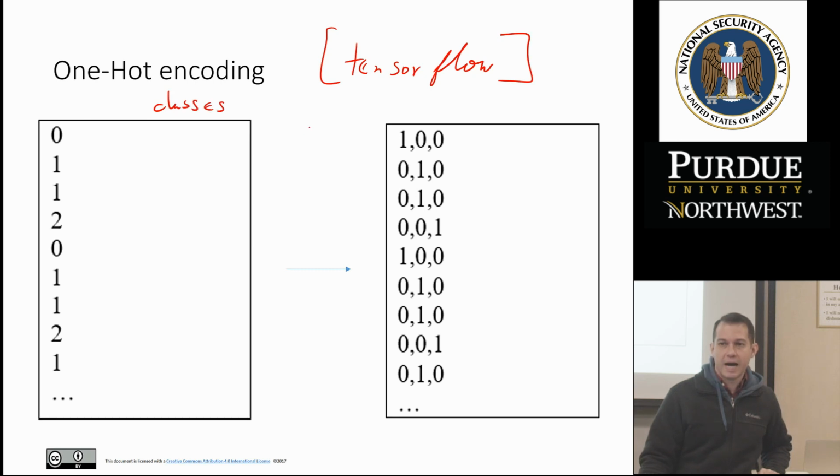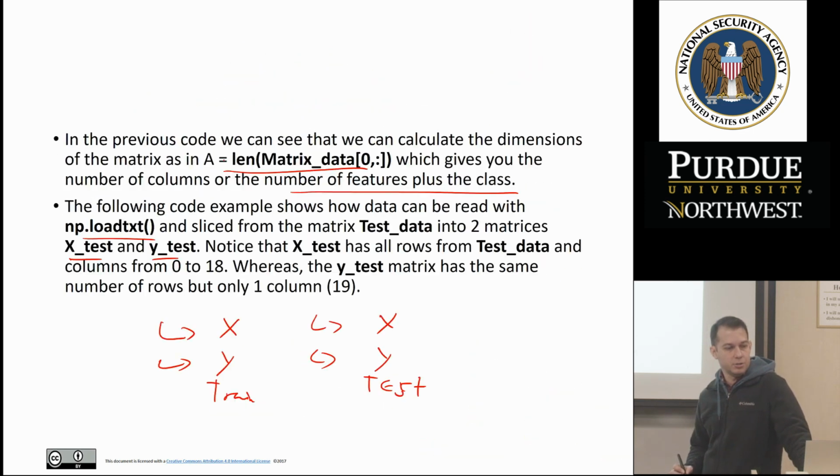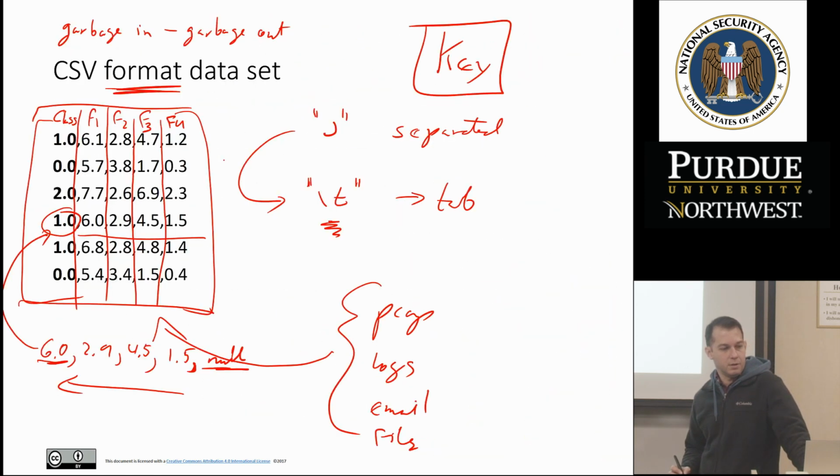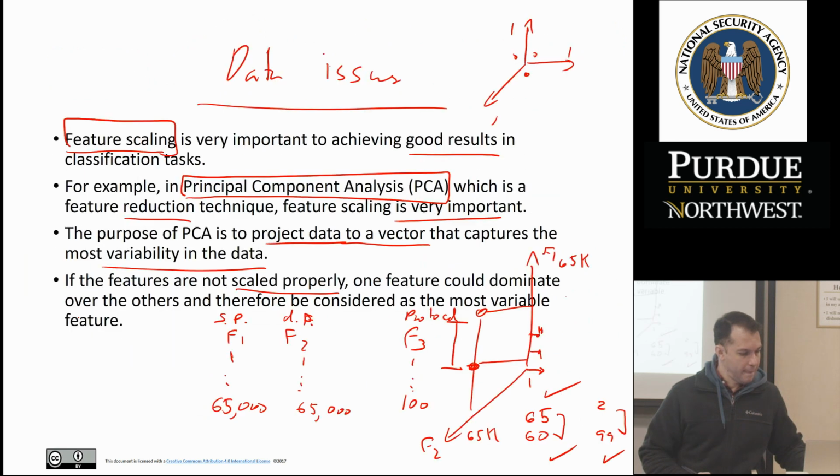That is to say, you do not apply one hot encoding to the features. So going back to our initial data set, you would only apply one hot encoding to the first column. You do not apply it to the other 4 columns.